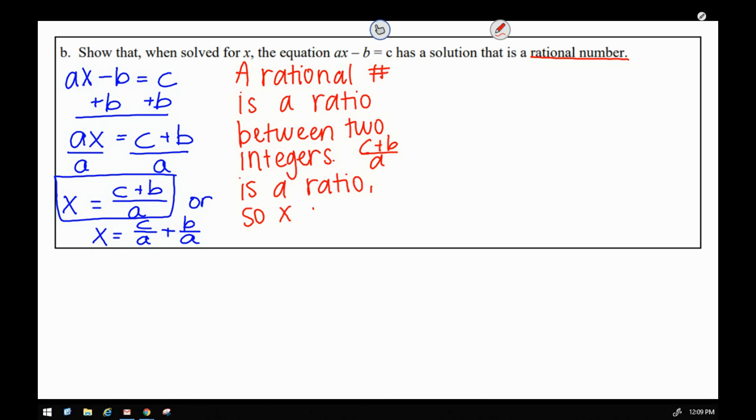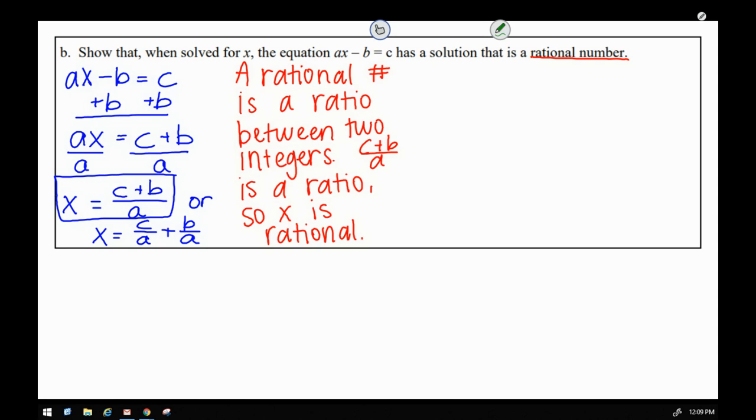So X is rational. Okay, so this would be 1 point, this would be 1 point, and it's worth 3 points.